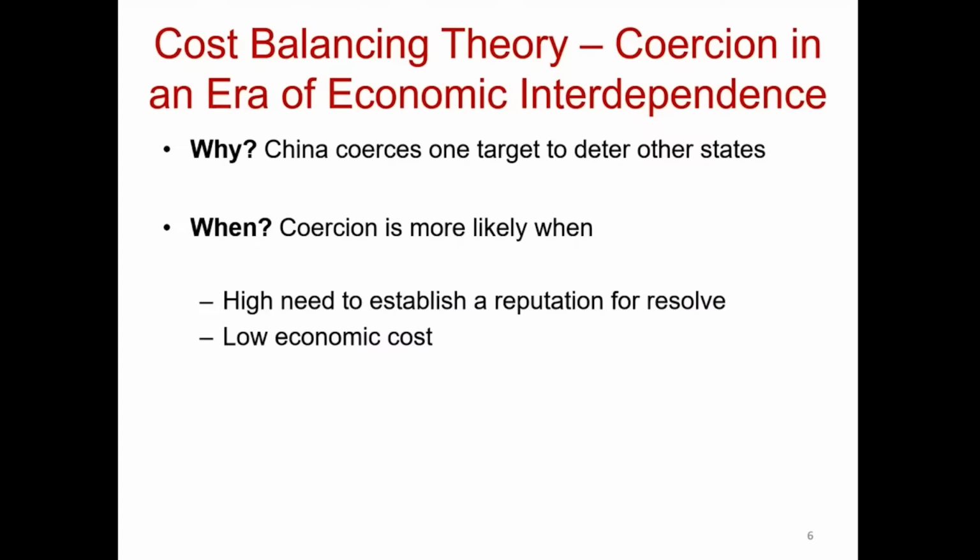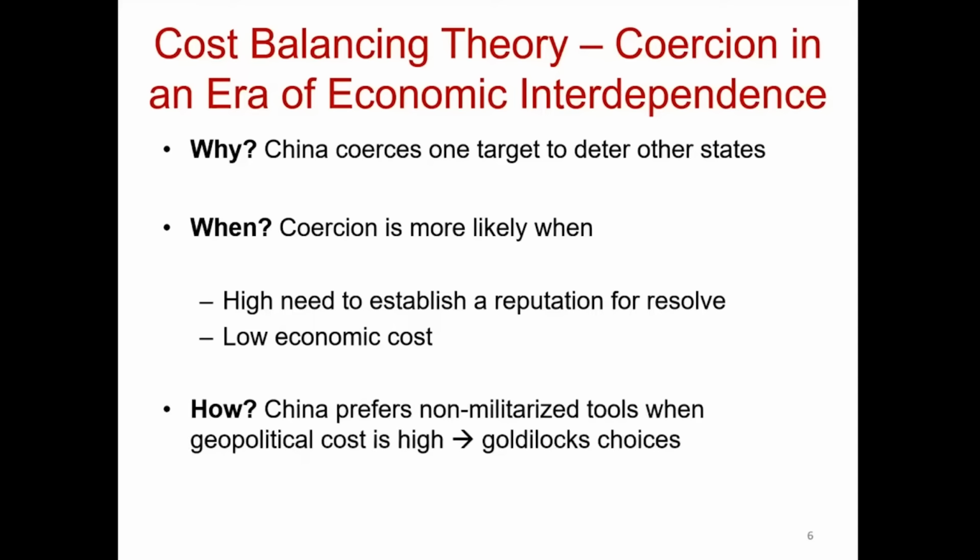Second, I argue that coercion is more likely when the need to establish a reputation for resolve is high, but the economic cost of coercing the target is low. By the need to establish a resolve reputation, I mean concerns about appearing weak vis-a-vis other states if no coercive action is taken.